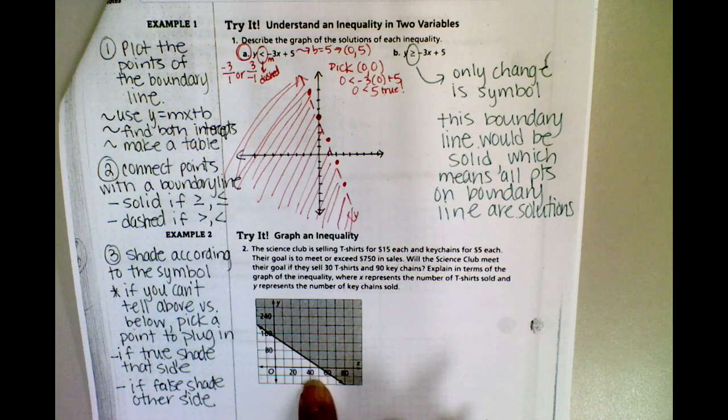On number 2, the Science Club is selling t-shirts for $15 each and keychains for $5 each. Their goal is to meet or exceed $750 in sales. Will the Science Club meet their goal if they sell 30 t-shirts and 90 keychains?